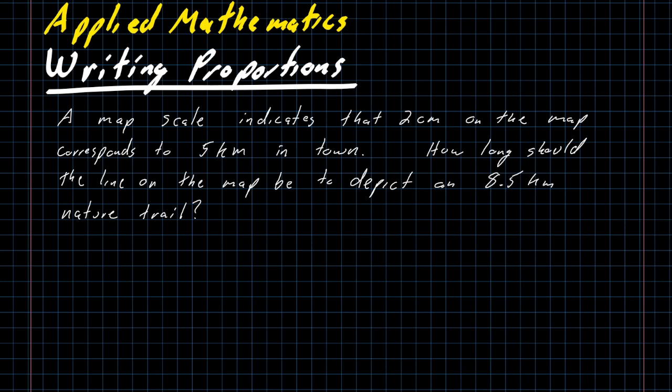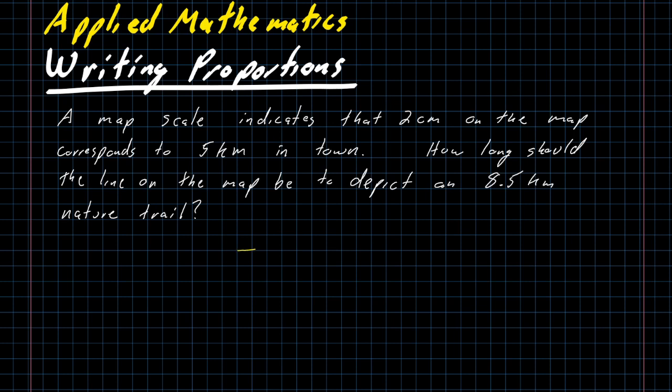A map scale indicates that 2 centimeters on the map corresponds to 5 kilometers in town. How long should the line on the map be to depict an 8.5 kilometer nature trail? This is an interesting problem, I think, because it's essentially a similar figure in disguise, right?